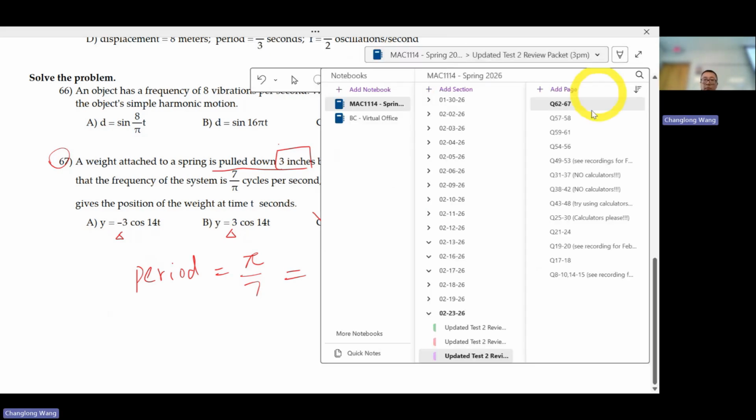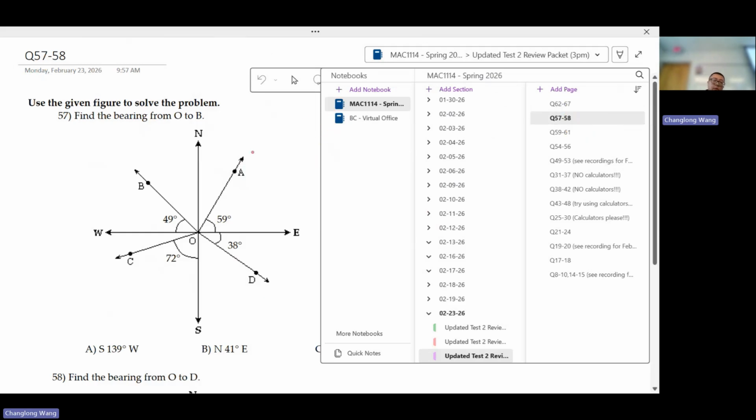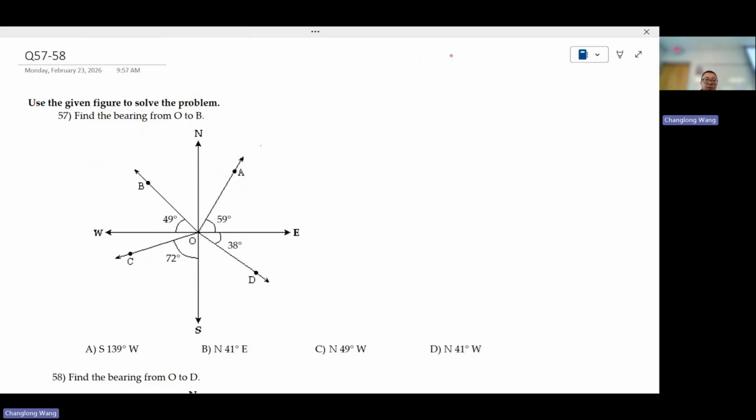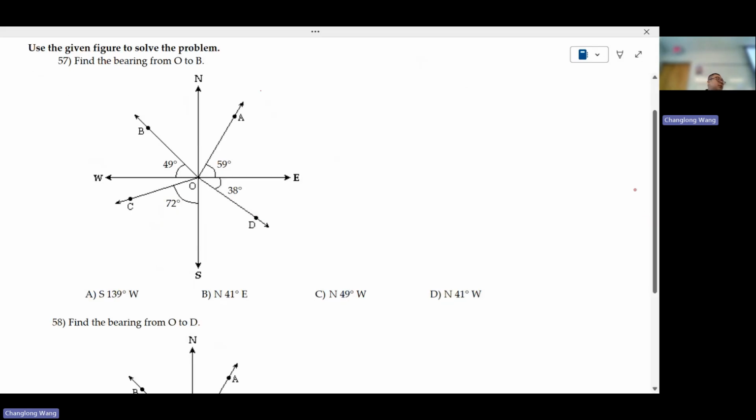All right, moving on to moving backwards. I think the bearing is not bad at all, if you just want to find out what the bearing angle is. So I'll do 57 real quick. OB is that desired direction. You can see that it's obviously closer to the north than it is to the south.